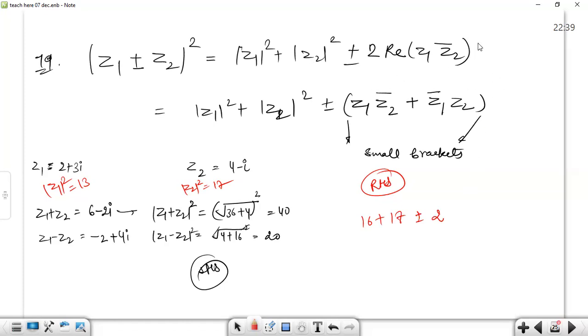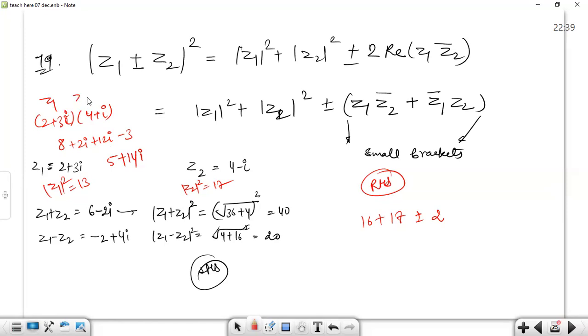Now we have to find out the Z1 into Z2 conjugate thing. Z1 is 2 plus 3 iota. Z2 conjugate is 4 plus iota. Now 2 into 4 becomes 8, plus 2 iota plus 12 iota, plus 3 iota square which is minus 3. 5 plus 14 iota. This is Z1 into Z2 conjugate.